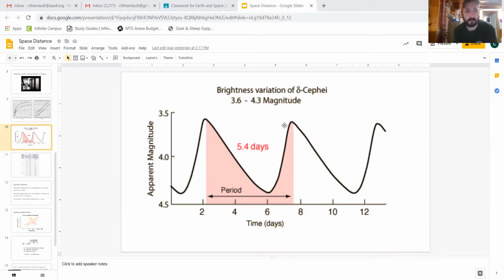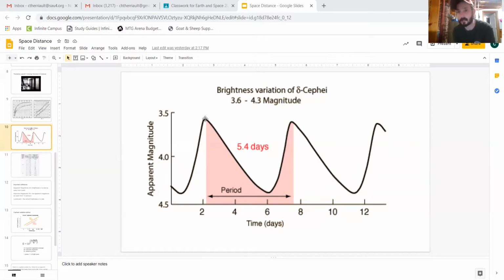The other important piece of information is this apparent magnitude. So apparent magnitude is how bright something appears from Earth. So this is from a telescope with a photometer on it. And notice delta Cephei ranges from 4.3 to 3.6. 3.6 being actually brighter. Smaller numbers are brighter on this scale.